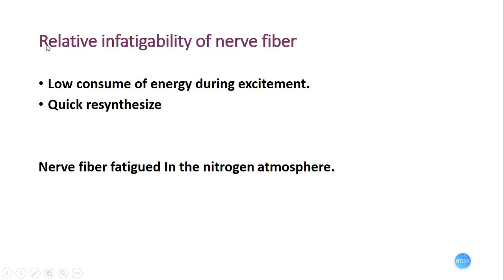It's because of low consumption of energy during excitement and the quick resynthesis of energy. And again here it says a nerve fiber fatigues if it is placed in a nitrogen atmosphere. It's because there is less oxygen and it cannot resynthesize the energy.